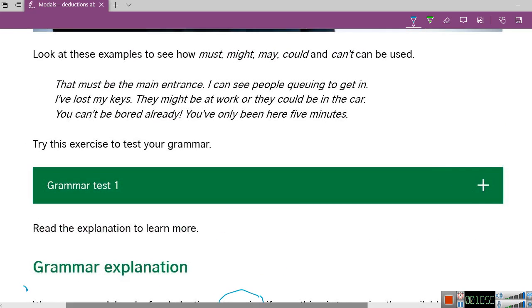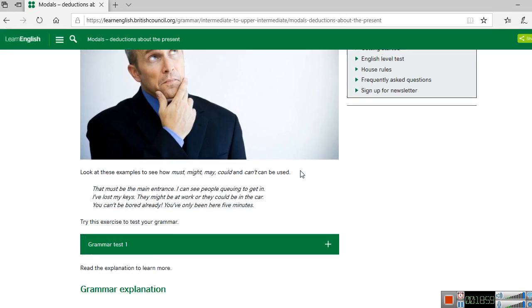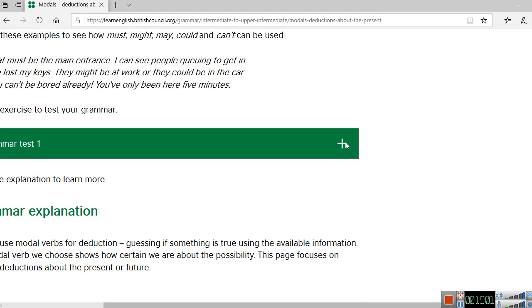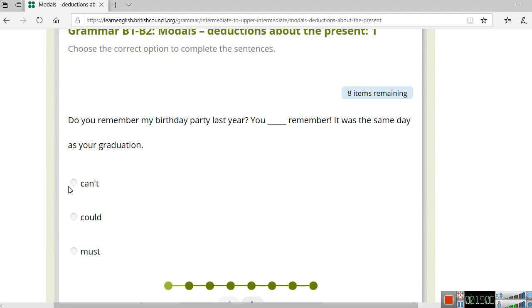I need to close this. Save changes. No. And I don't want you guys just to tell me what's the answer. It's important to analyze the sentence. I'm gonna give you guys an example. So this is the exercise that I have. Do you remember my birthday party last year? You blank remember.